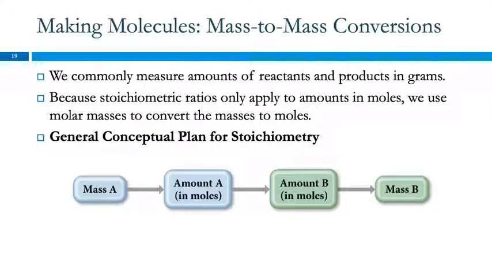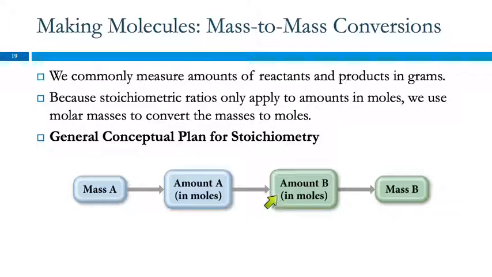Well, we don't usually measure things in moles. We measure things using mass. So we start with a mass of substance. The chemical equation gives us mole ratios. And so we start with mass, but we have to convert to the amount in moles.